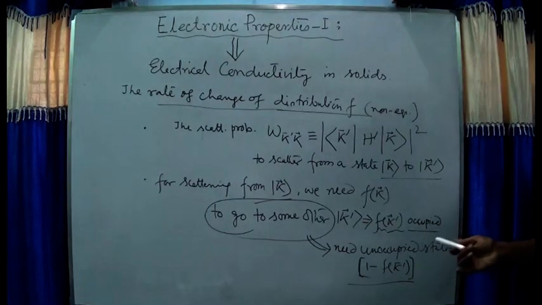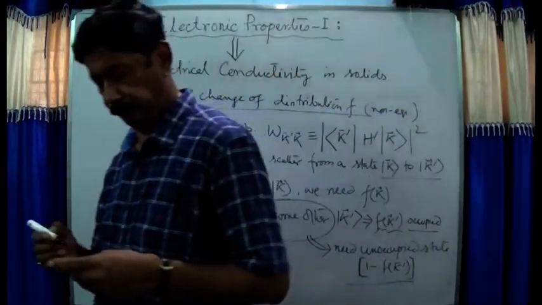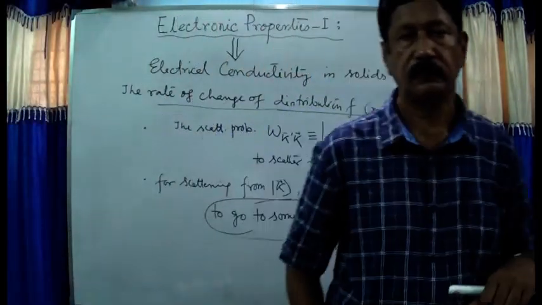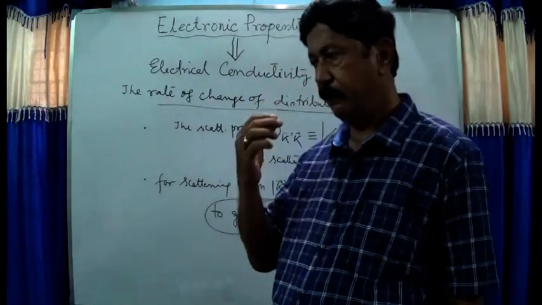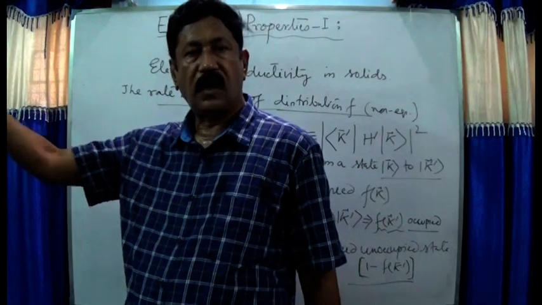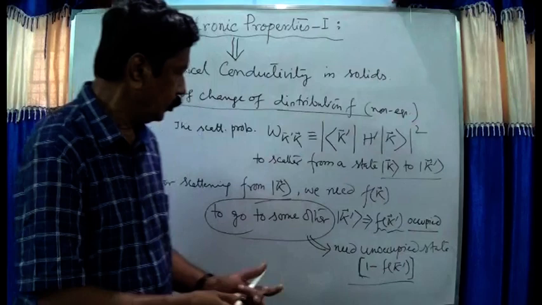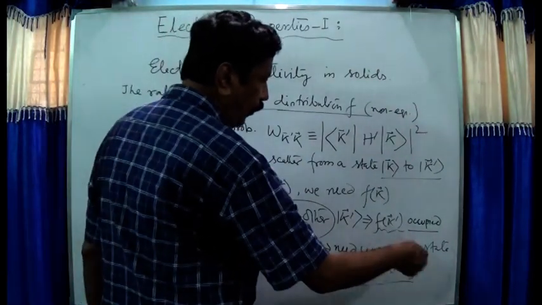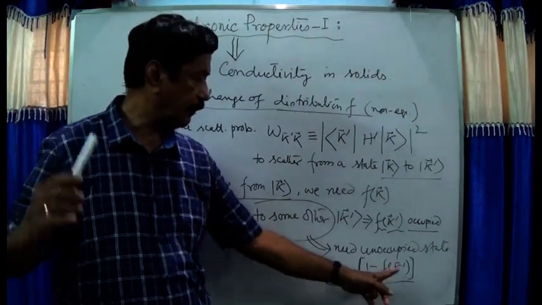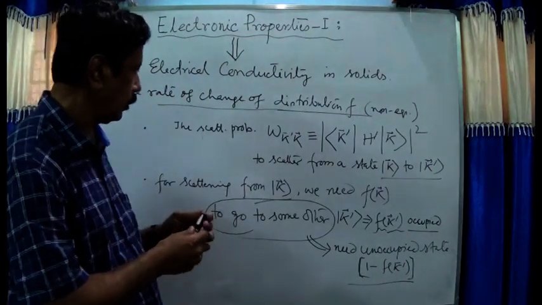One is how the particles are distributed at the starting point, that will be defined by the fk, and how many states are vacant so that they can pass over there. So we need the unoccupied fraction of the second configuration labeled by k prime. Is it clear now?